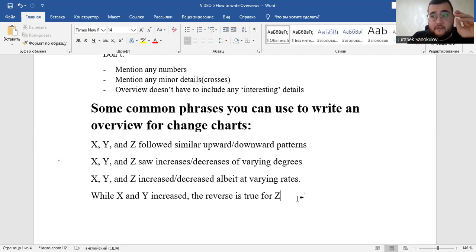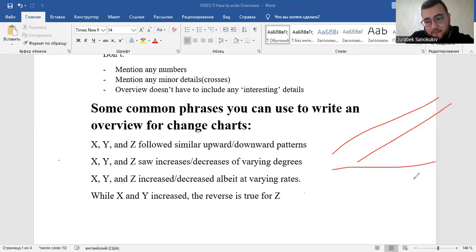So you're going to get 5, even 4 for your task achievement if you include a wrong detail in your overview. Wrong detail basically refers to saying something increased even though it didn't increase. Do you understand? For example, let's say Z didn't change, it stayed the same.